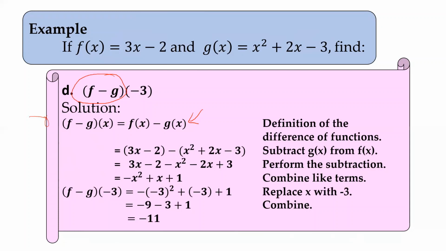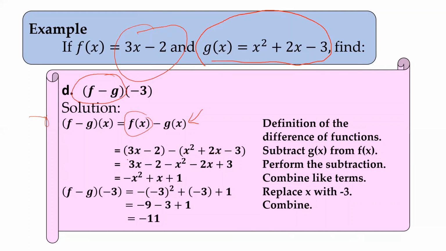Alright? Then, substitute yung f of x na 3x minus 2. Dito yan galing. Then, bring down minus, then substitute na naman yung g of x with here. Dito. From the given. Then, you will have it here. Ito.